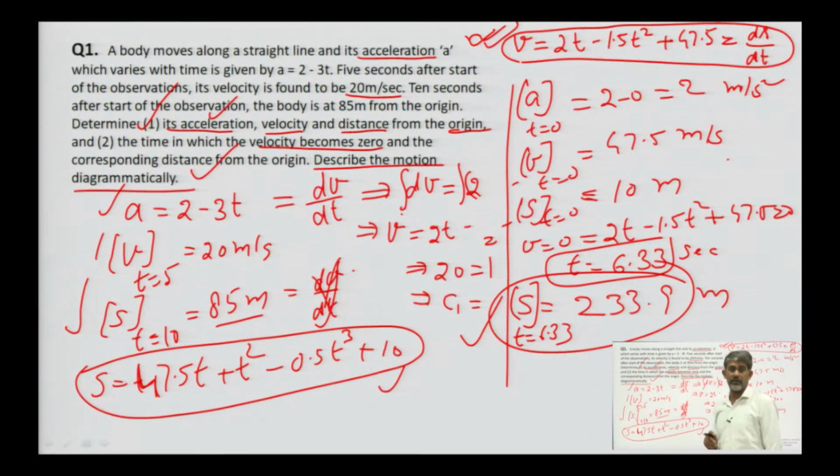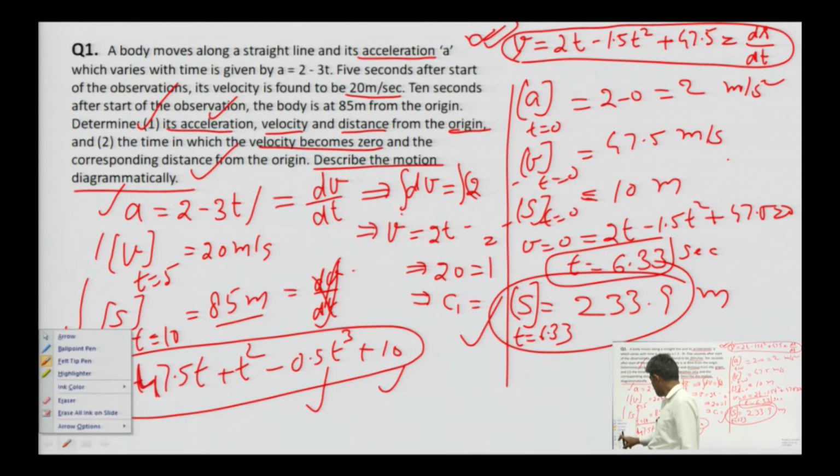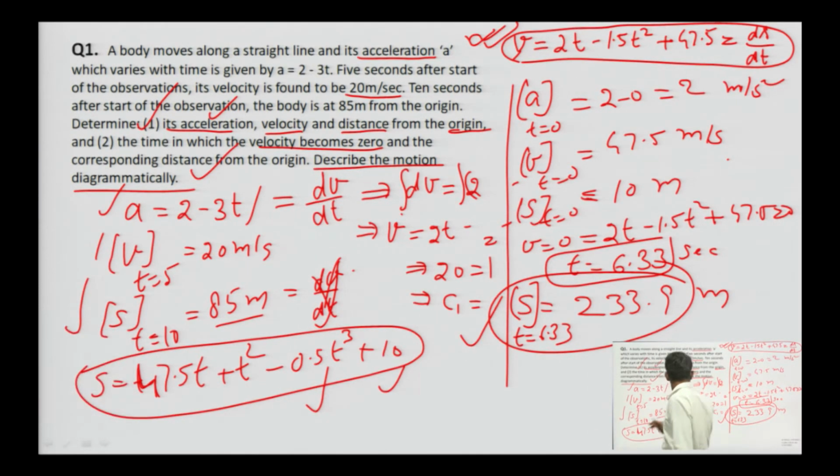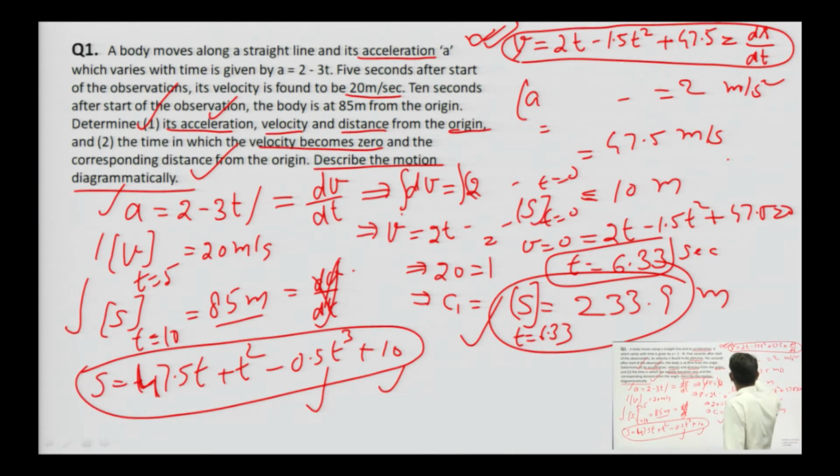What does it mean? Diagrammatically means we need to plot v, we need to plot s, we need to plot a. It is very simple to plot. So, how?